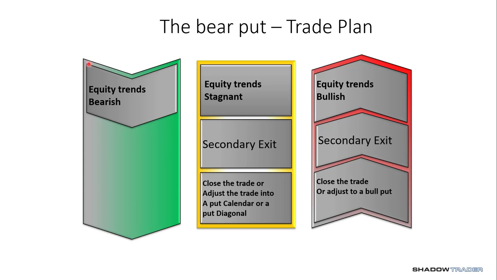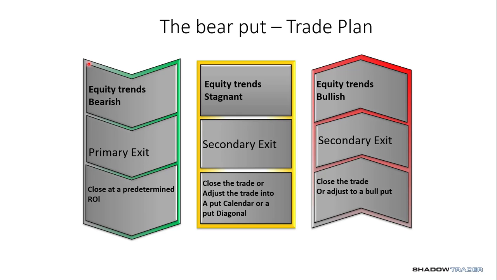If the equity is doing what you thought, and that's in a bearish trend, your primary exit comes into play. Close this at a predetermined return on investment. Okay, there you have it. The debit spread trades for this lesson.